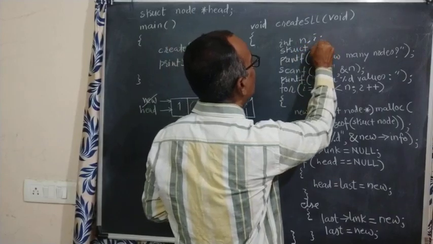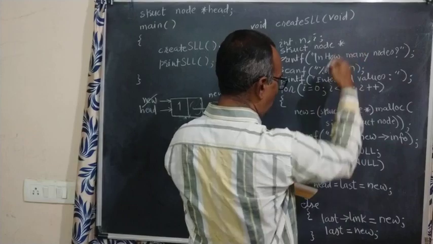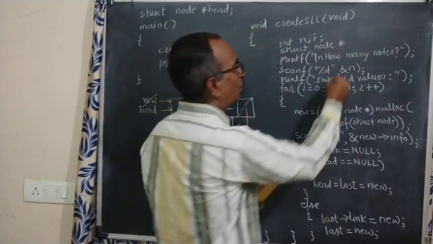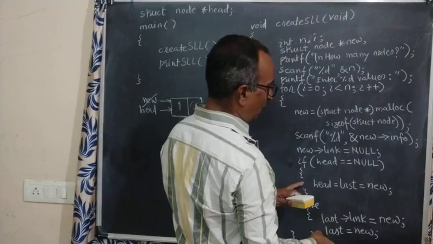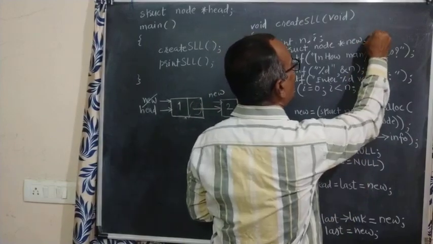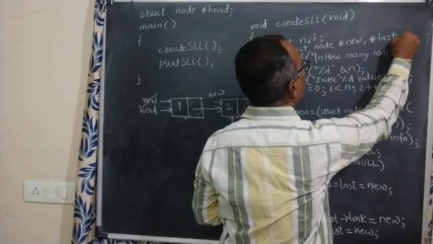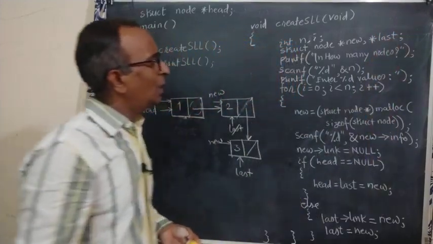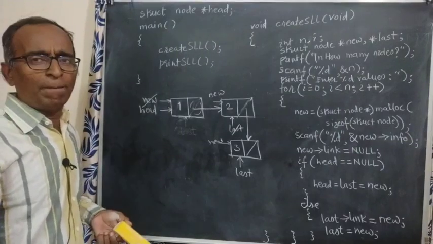Locally you have to declare node star new and node star last, since we are using them for adjustment here itself. That's it. It will be set.